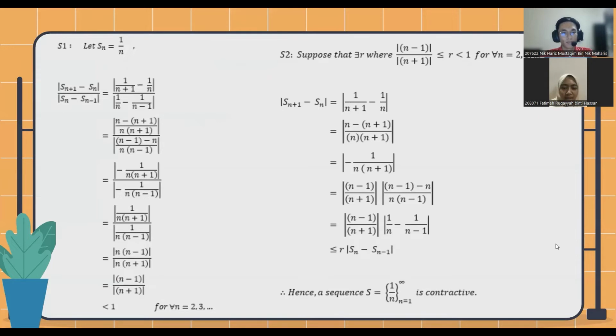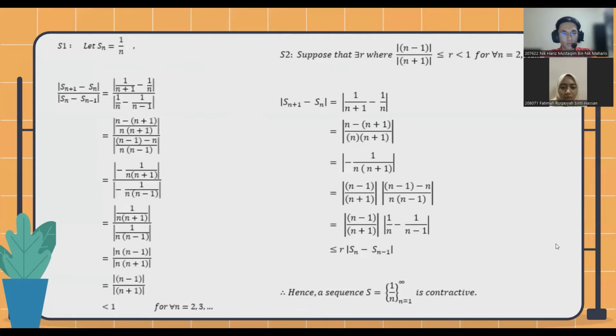So for step 1, we let Sn equal to 1 over n. Modulus Sn plus 1 minus Sn over modulus Sn minus Sn minus 1 is equal to modulus 1 over n plus 1 minus 1 over n, over modulus 1 over n minus 1 over n minus 1. This is equal to modulus n minus n plus 1 over n multiplied with n plus 1, over modulus n minus 1 minus n over n multiplied with n minus 1.